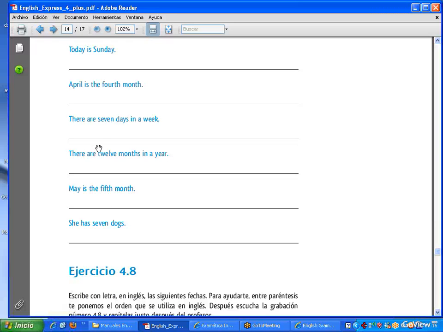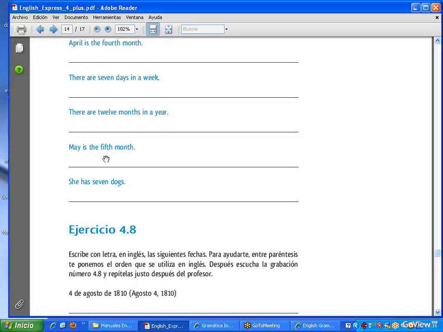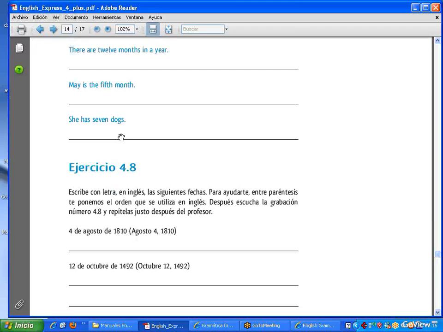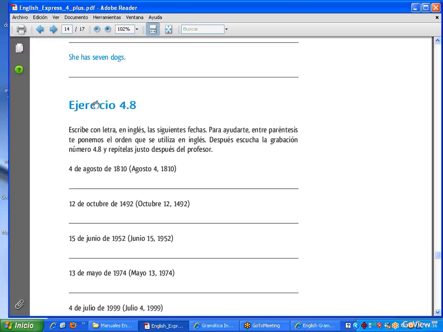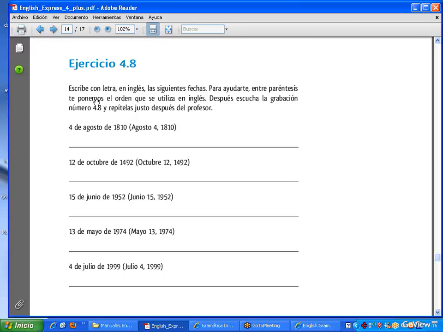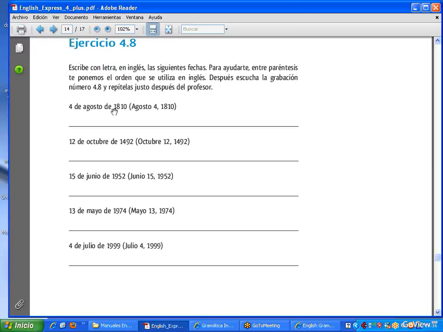Now this is quite a difficult exercise. Okay? In letters, you have to write the following dates. Okay? So what would the first one be? Very simple actually. We would say August the 4th, 1810. Okay? So Augusto 4. We say August 4, is how we're learning to write it.